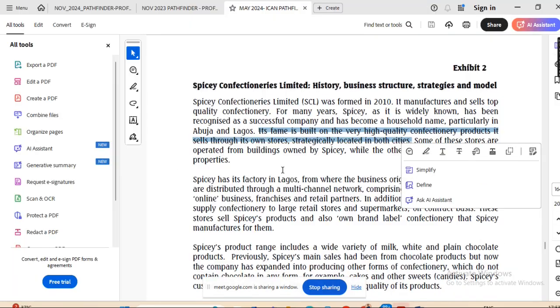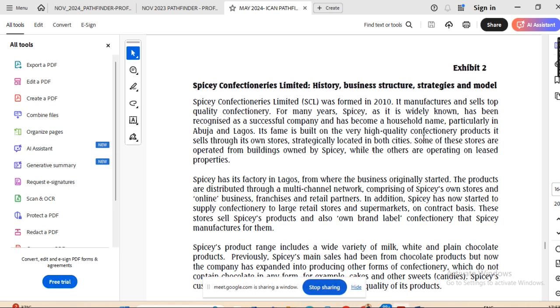Now, thank you. Okay, some of these stores are operated from buildings owned by Spicy, while the others are operating on leased properties. Something should also come to your mind now.